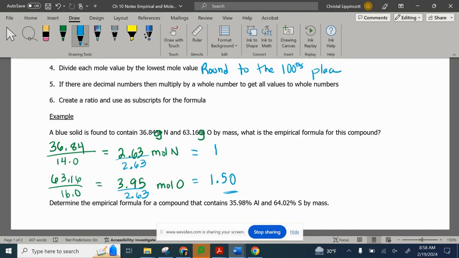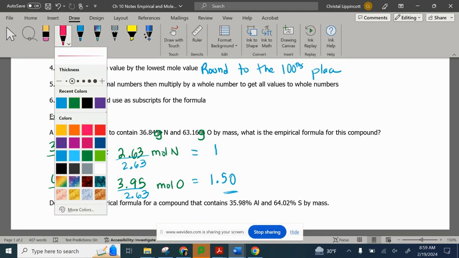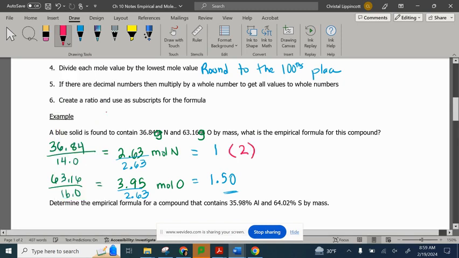Now, sometimes these come out to whole numbers. If they do, you can skip over to step 6. But if they don't, you need to decide something to multiply this by in order to get it to the smallest whole number possible. So what can I multiply this by to get to the smallest whole number? 2. So I am going to next multiply by 2. But if I do it to that one, I have to do it to both items.